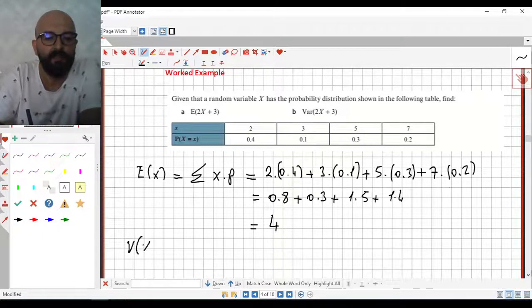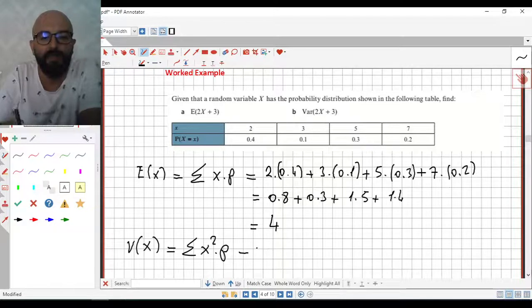And the variance of x means the sum of x square multiply probability minus the expected value of x squared.